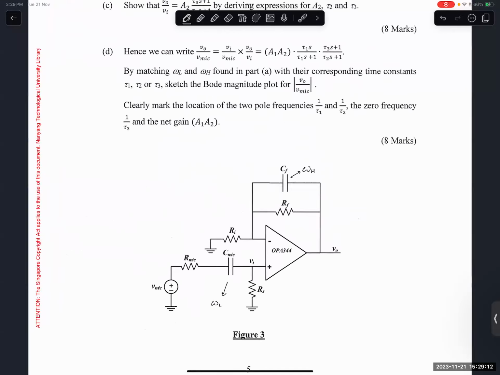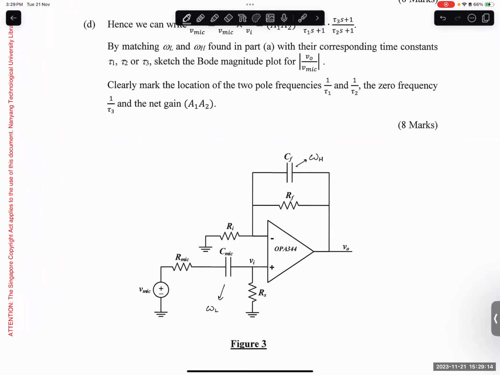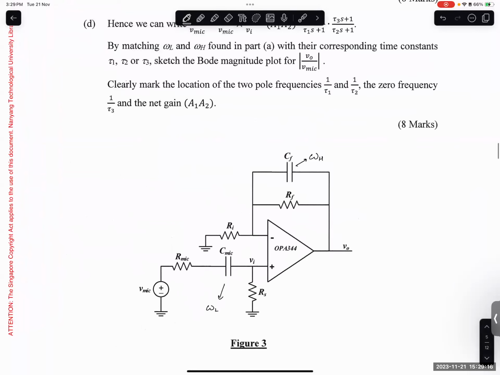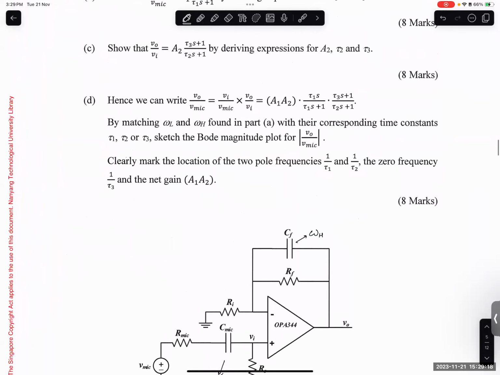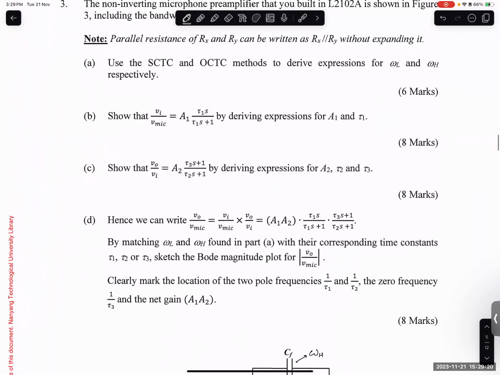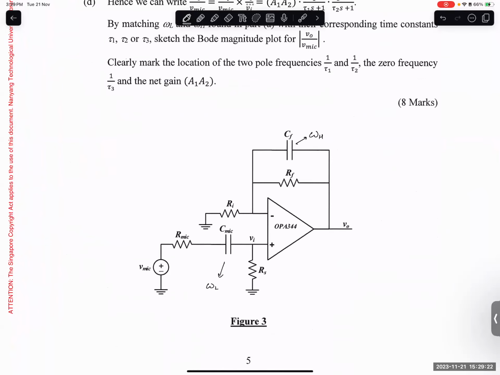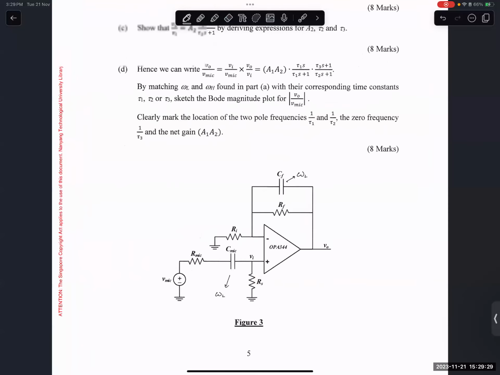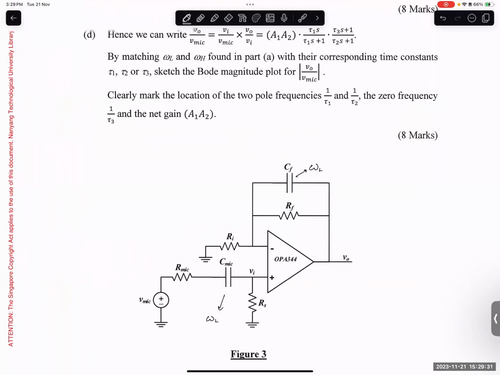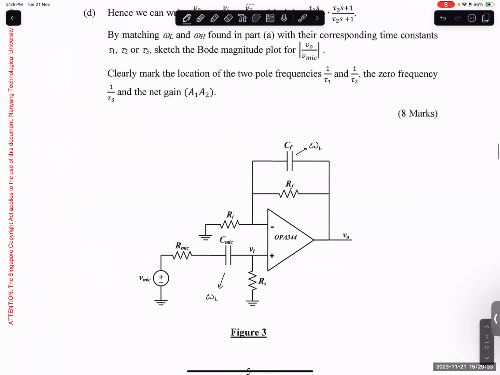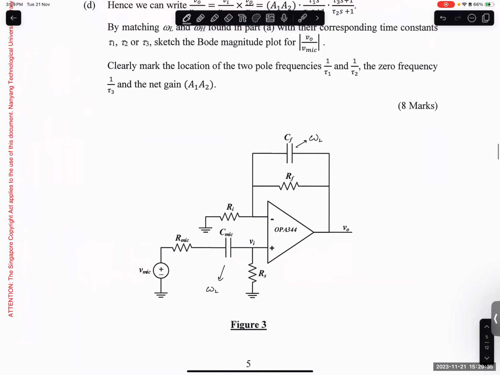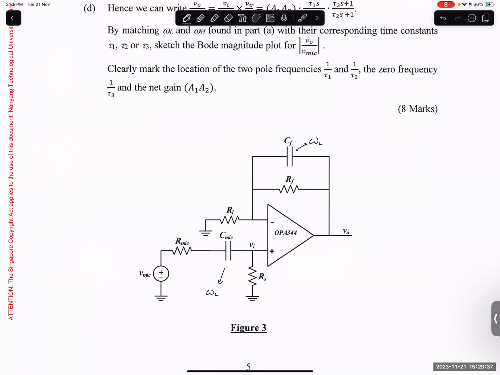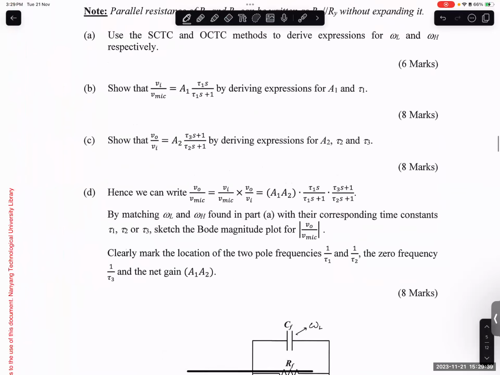But it's different on my circuit though. Does CF contribute to low or high frequency? Low, right? Then we write low. Because if it's short, then it's supposed to reduce the gain.